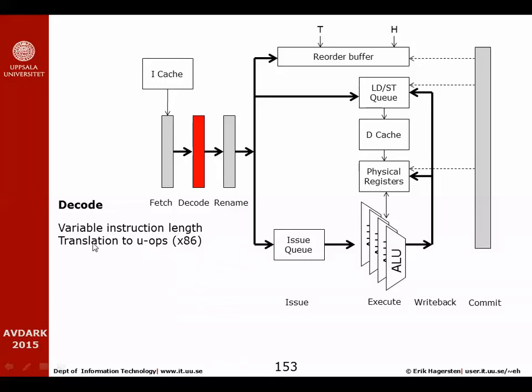So one x86 instruction may be translated into 2 or 3 or so micro-ops, and so you have to execute all those 3 instructions in sequence. And you also identify the source and destination register, because that is something which is going to be needed by the next stage here. So the next stage is the rename stage.